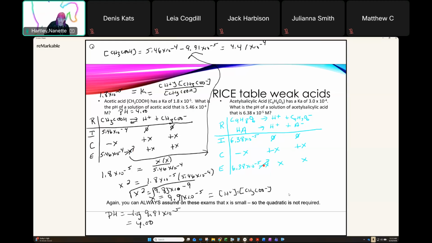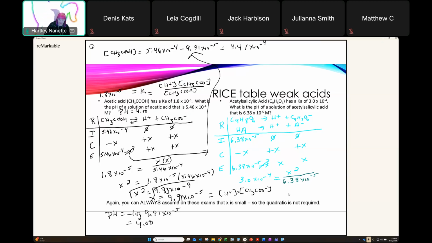Now, remember that we have our K, which is 3.0 times 10 to the minus fourth. That's equal to x squared, x times x, over the initial concentration, 6.38 times 10 to the minus fifth.